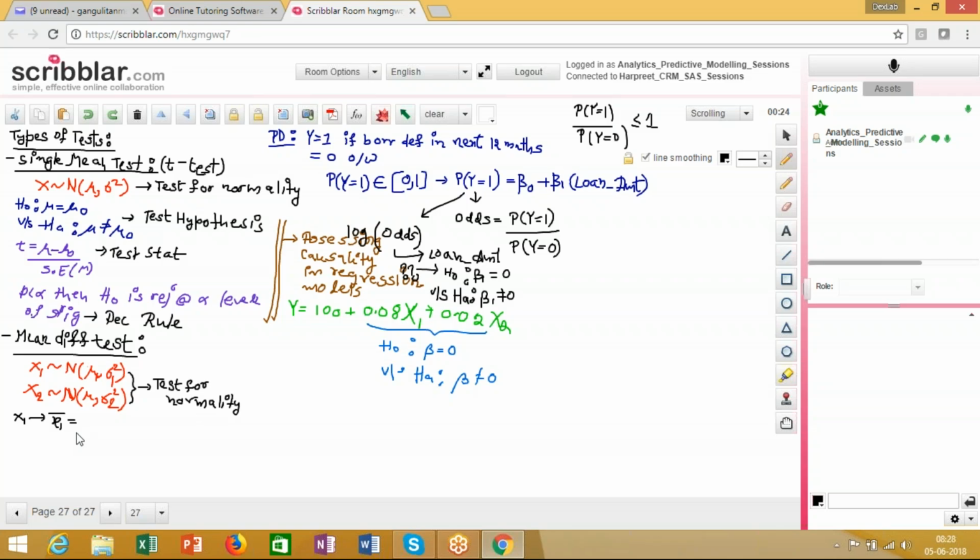So x1 bar over here is something like this. Say I see that the average delivery time is 8 minutes for Pizza Hut. And for x2, which is the second group, that is Domino's, the average turnaround time is 7 minutes 20 seconds.